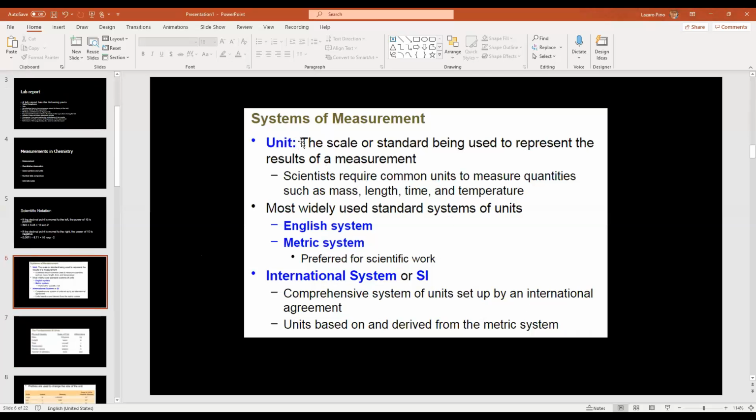The units that are used in order to make measurements are the English system and the international system. The international system comes from the metric system. The international system is used all over the world, but in the United States, beside that, we have the English system.